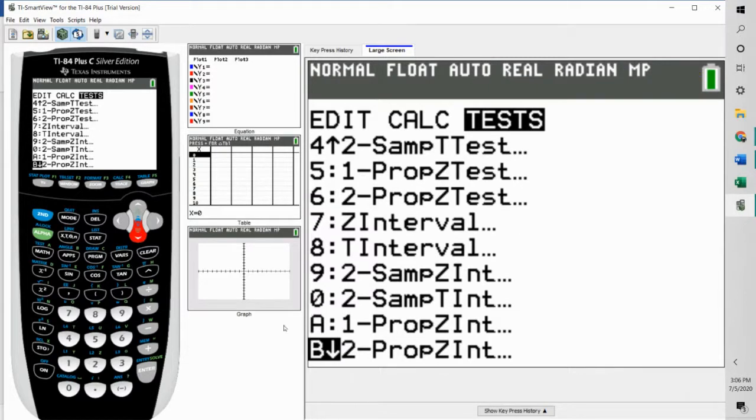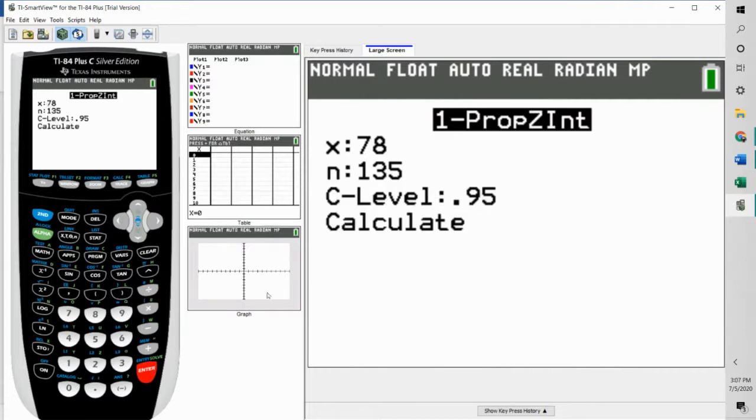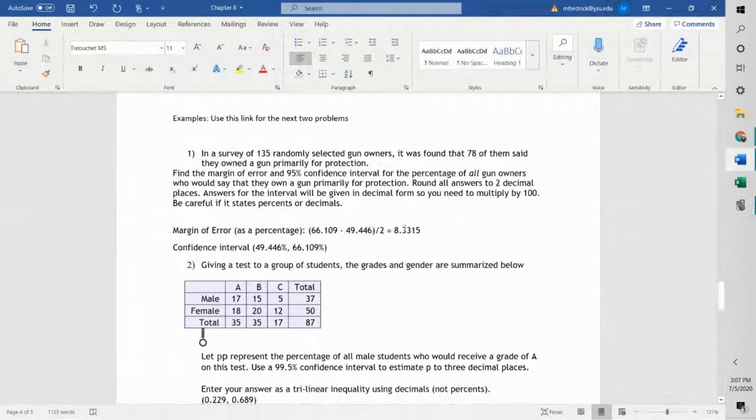Yeah. Okay. So notice we have one sample proportion, or if you have two different things, we have one, so we want to go up one. We want this one. Sample proportion interval. And then we said, I believe that's what we had, 78, 135.